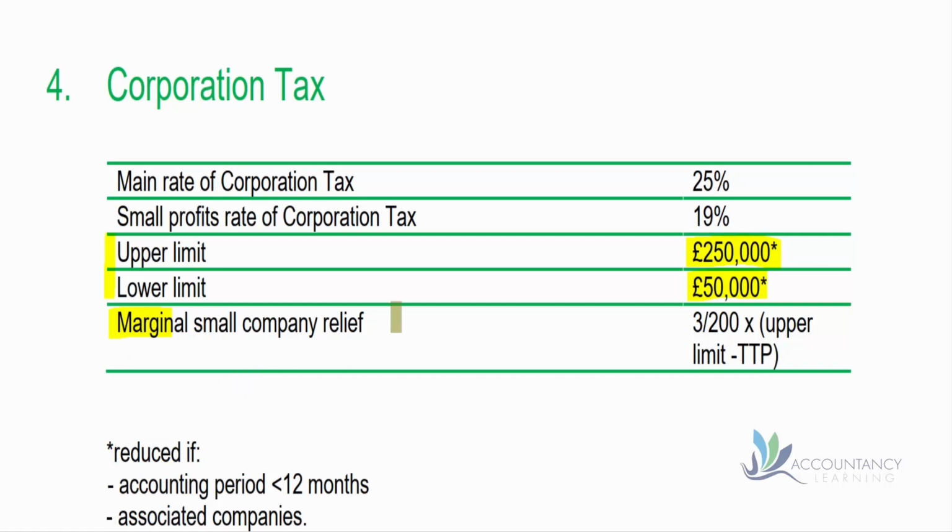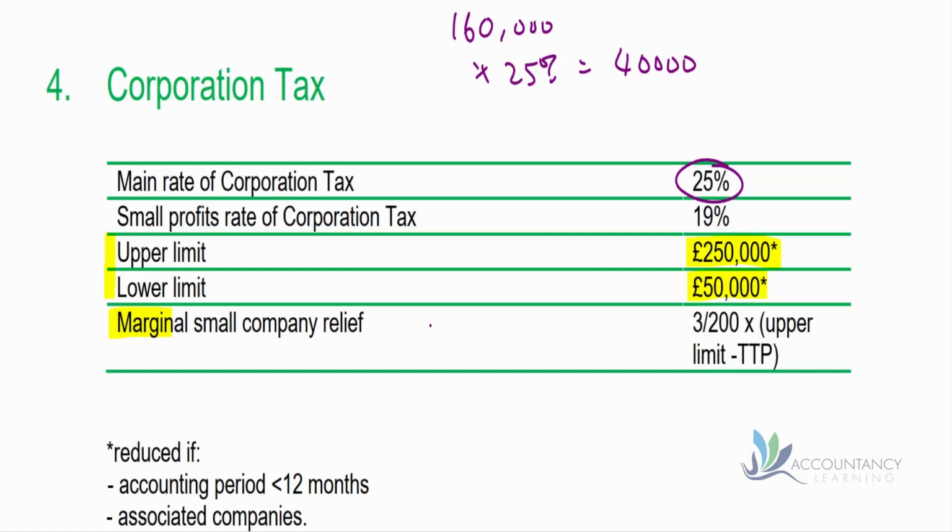Our first step is that we take the 160,000 profits that they gave us in the question, and we multiply by the 25% that we have as our main rate, and that gives us 40,000 as tax. Then we need to apply our marginal relief.